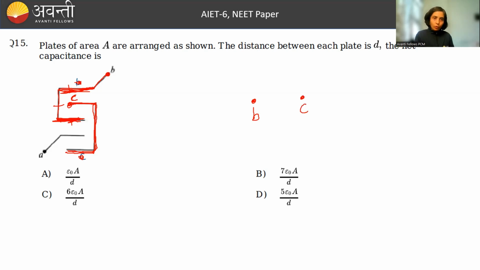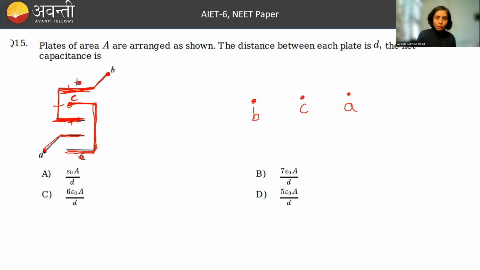Now, so all plates we have dealt with. One more is left, that is this. And it is connected directly to point A. So its potential will be same as that of point A. Point A भी एक मिला हमें potential के term में. So in terms of different potentials, how many points we are getting? B, C, A. ठीक है?